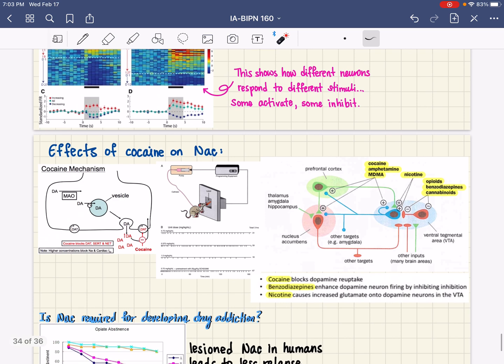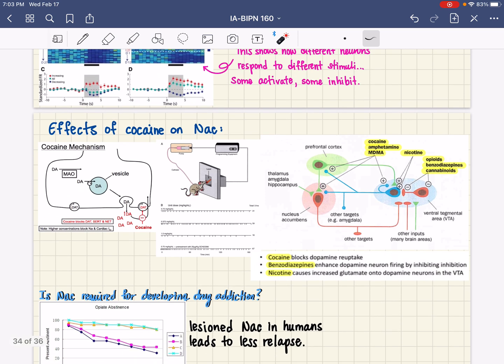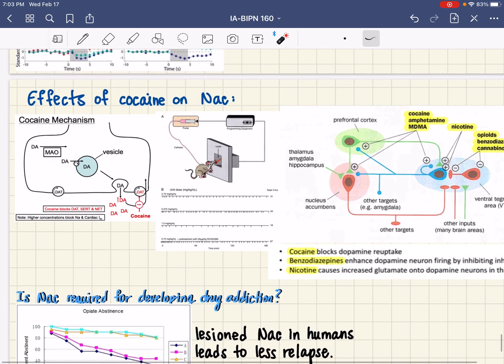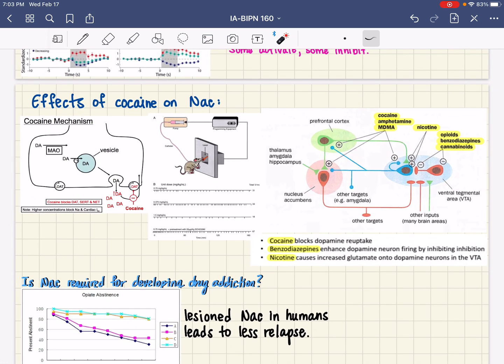The nucleus accumbens is also an important site of cocaine effects. The way cocaine works on the dopaminergic neurons coming from the VTA is that cocaine blocks the reuptake machinery of dopamine.